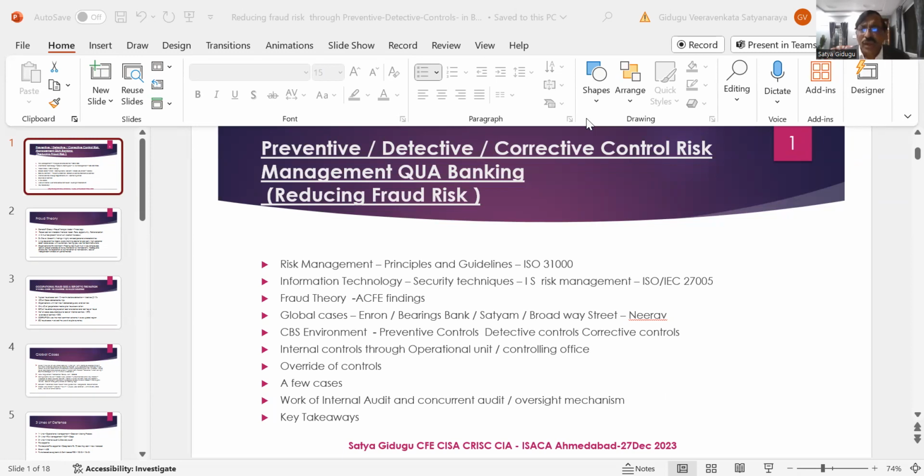We should not use mobile in our office and all. All this comes under administrative controls. Administrative controls are also one of the best controls, where technological control alone can't take care of the risk. We should have administrative control also.